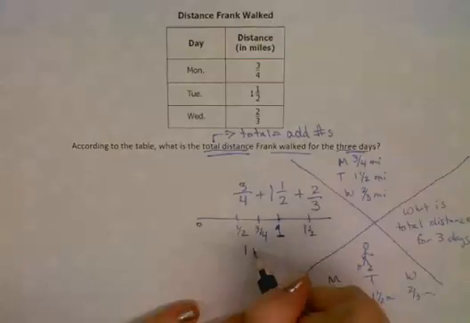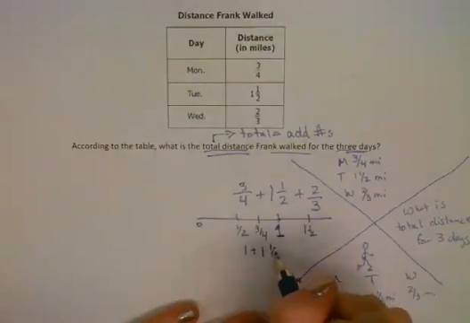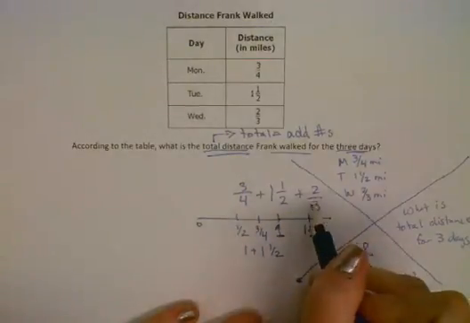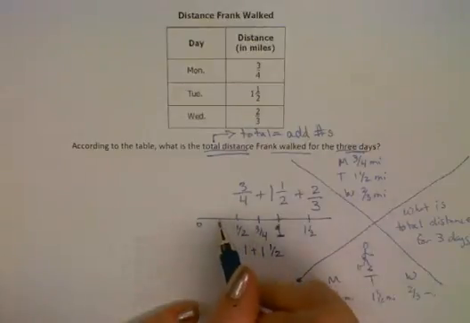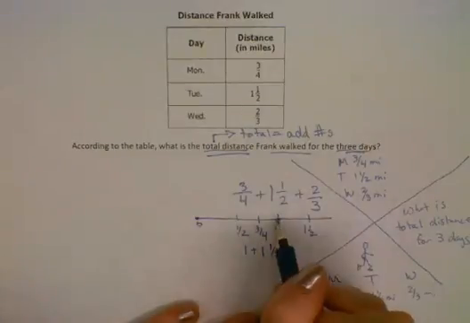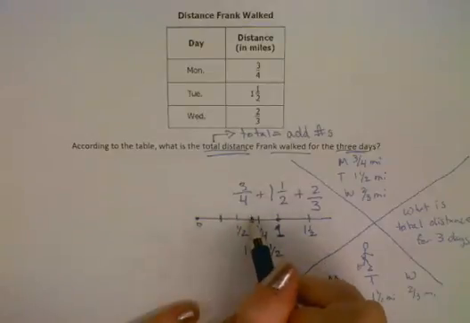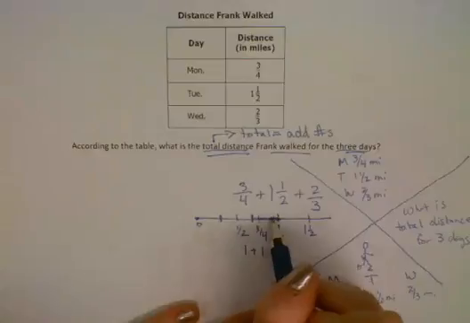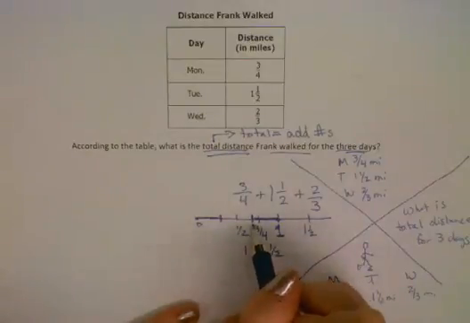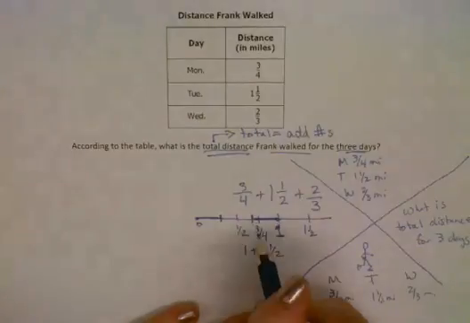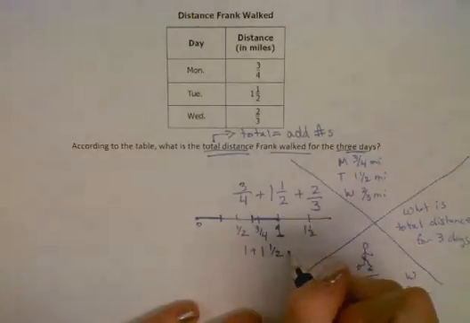So for my estimation, I'm just going to keep that 1 1/2. And then 2/3, I know if I break this whole into thirds, that would be 1/3, that would be 2/3, and then 3/3 up here. So 2/3 is in between 1/2 and 1 whole, or 3/4, excuse me. So I'm just going to call it 1/2.